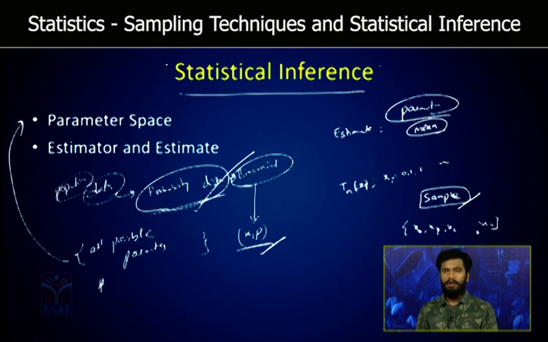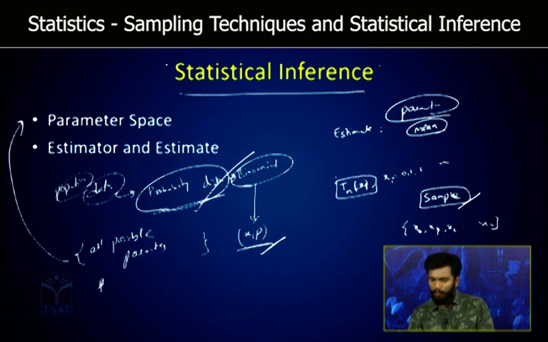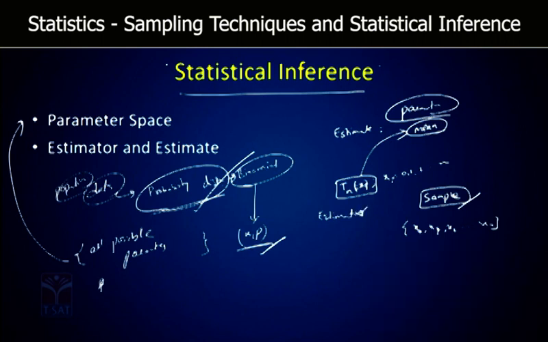That is a function on the whole sample. Using this function, we estimate our mean. Then this function is called an estimator. Each and every value that the estimator takes is called an estimate.